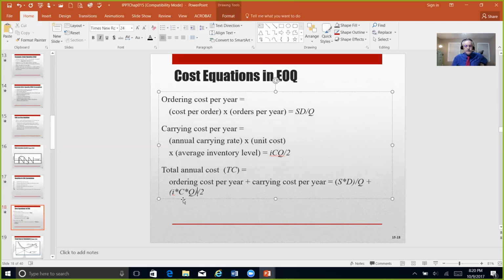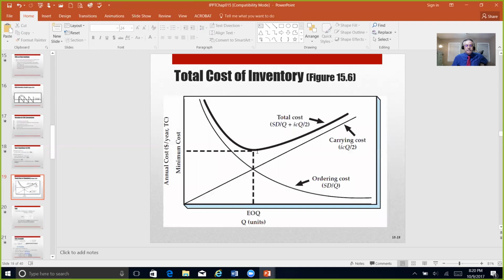You're not changing the equation. The equation still remains true. I just added the notation in there so I can clearly see what needs to be done. Okay, so this example, figure 15.6 on page 373, is looking at the total cost, showing the carrying and ordering cost, and how the ordering cost and the carrying cost offset one another.